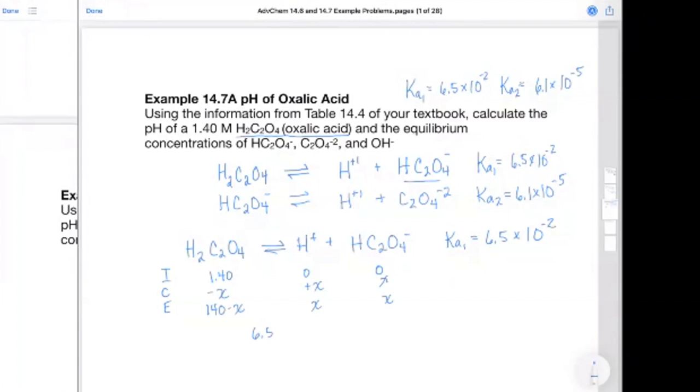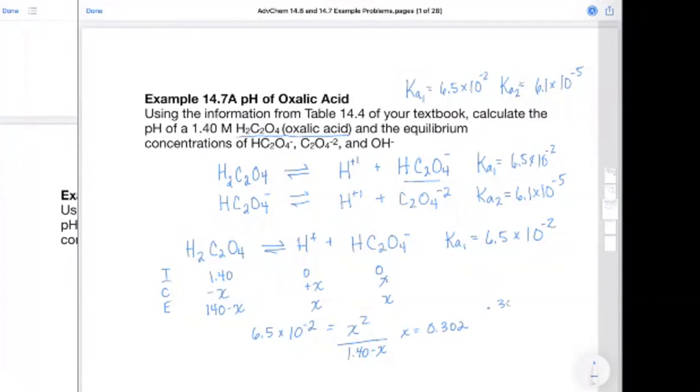So to write it out, it would be 6.5 times 10 to the negative second equals x squared over 1.40 minus x. If you go ahead and calculate the x using the assumption that the minus x here is a very, very small change, you get 0.302.